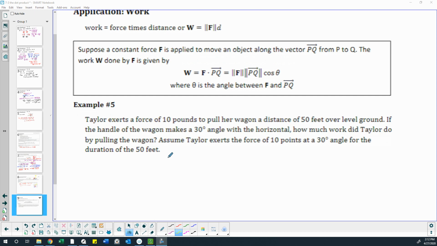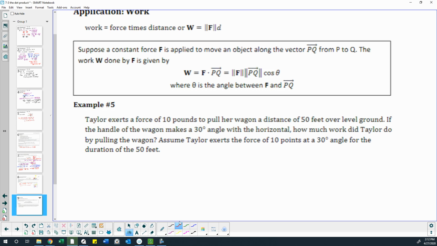Okay, Taylor exerts a force of 10 pounds to pull her wagon a distance of 50 feet over level ground. If the handle of the wagon makes a 30-degree angle with the horizontal, how much work did Taylor do by pulling the wagon?